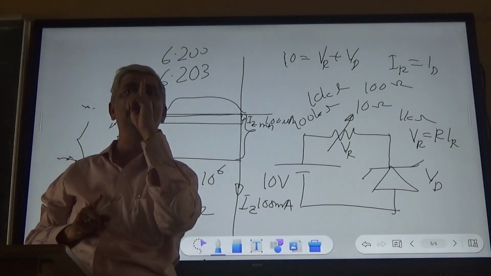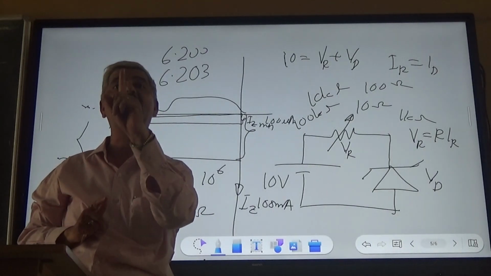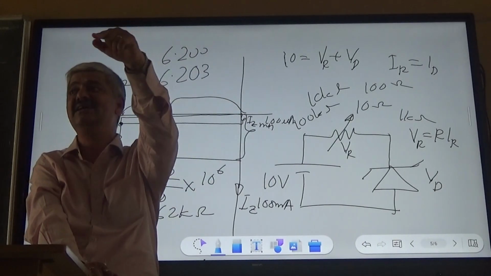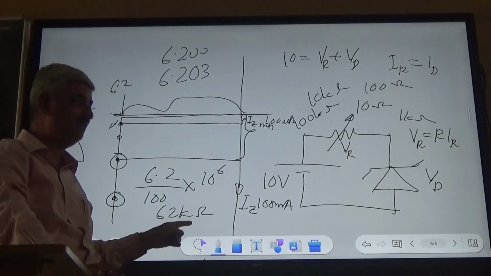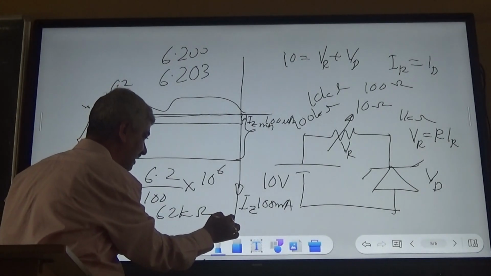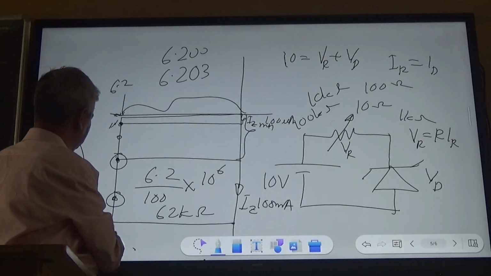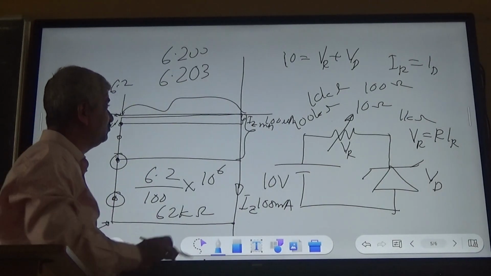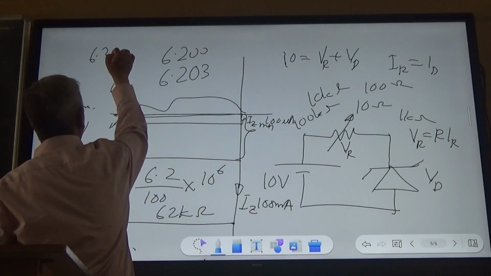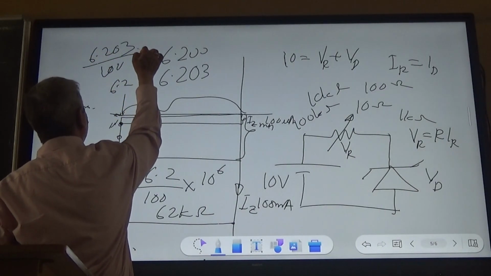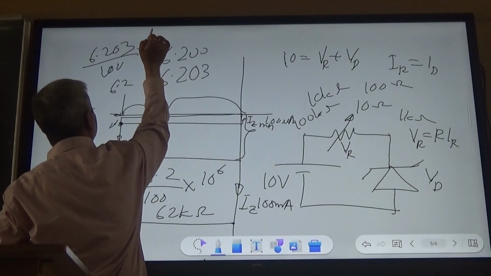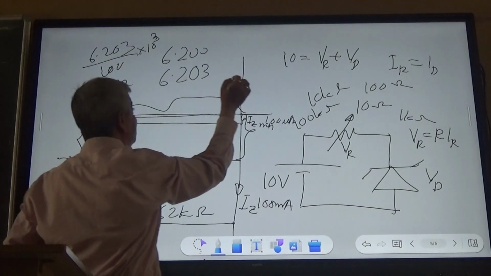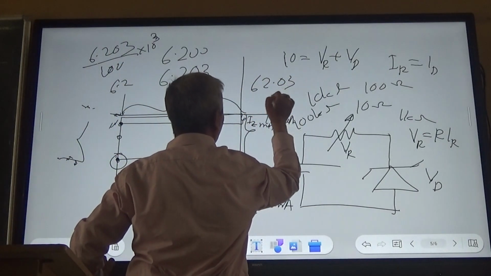Effectively, this diode is non-linear. At a given point of time, at this point, this diode behaves as a 62 kilo ohm resistor. Whereas at this point, at 100 milliamperes, it is 6.203 upon 100 milliamperes, which is 62.03 ohms.